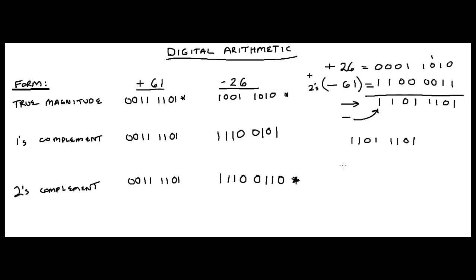Now, first thing we have to do is write the positive number down. 0, 1, 0, 1, 1, 1, 0, 1. And then we're going to take the 1's complement of it, which would mean we would complement each bit. 0, 1, 0, 0, 0, 1, 0, 1. We're going to add 1 to it, right?